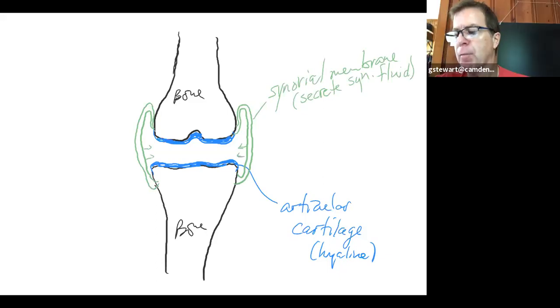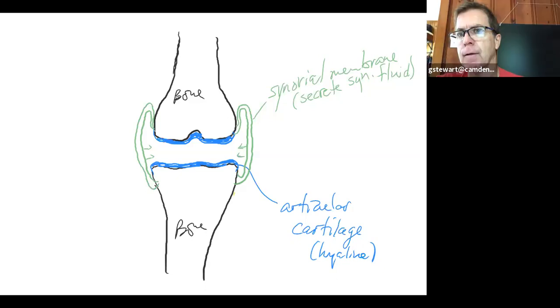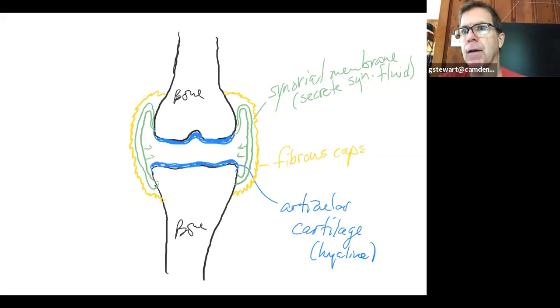Outside of the synovial membrane is a fibrous capsule. So I'll just use a different color for that. That's coarse fibrous connective tissue that has collagen fibers in it. That lies on the outside of the synovial membrane.